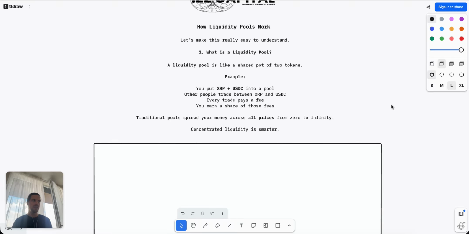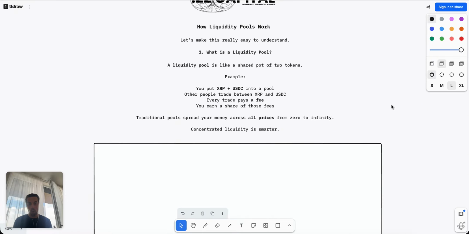Let's imagine that XRP right now is at $1. Your money in a traditional liquidity pool used to work across the whole price horizon. If XRP drops to 1 cent or goes to 1 million, it doesn't matter.